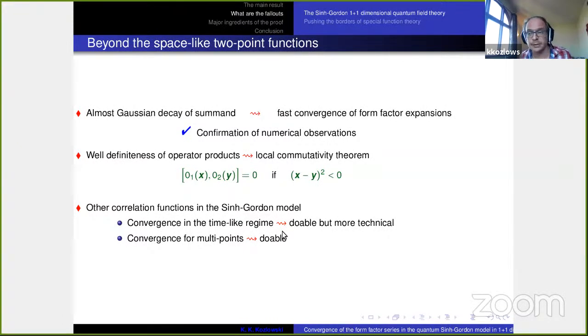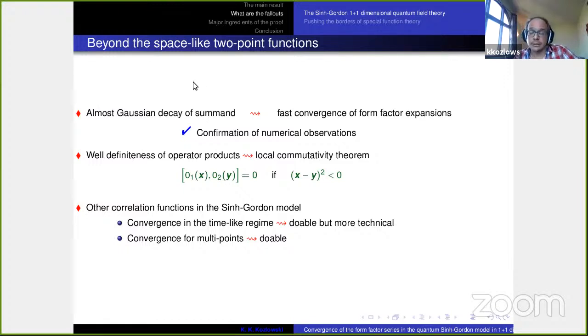This is something which was observed in the past through numerical analysis of such series. Basically, the idea was that even if you take the Minkowski norm of the space-time difference vector (x, t) to be relatively small, still you need to sum up just very few terms of the series, maybe the first 3, so the 1-fold, 2-fold, and 3-fold integral, and then you get extremely good precision. So this confirms or explains why numerics were working so well.